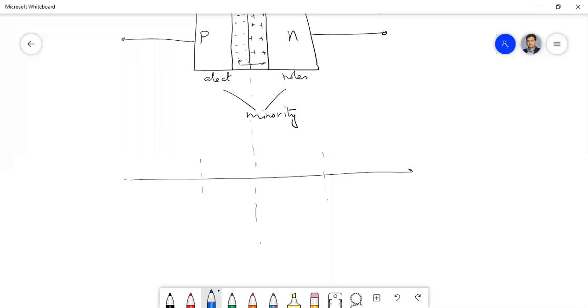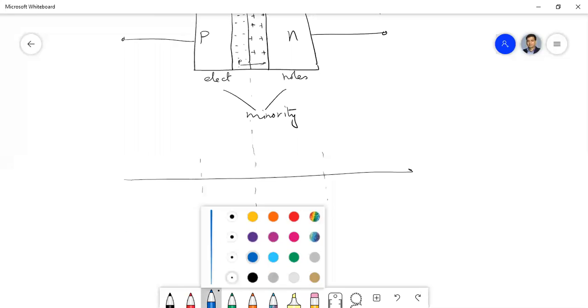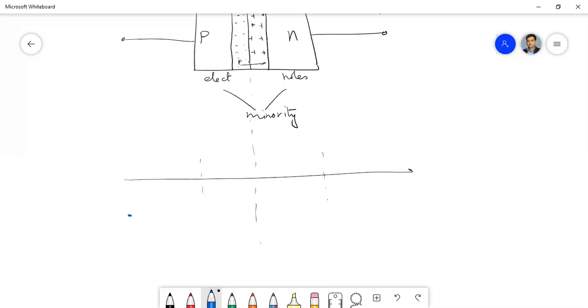Okay, so let me draw like this. Now, due to this you have a potential barrier. This is called the potential barrier.